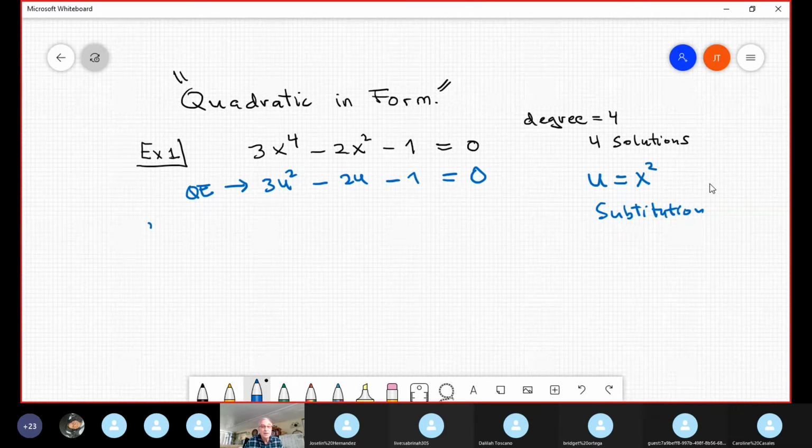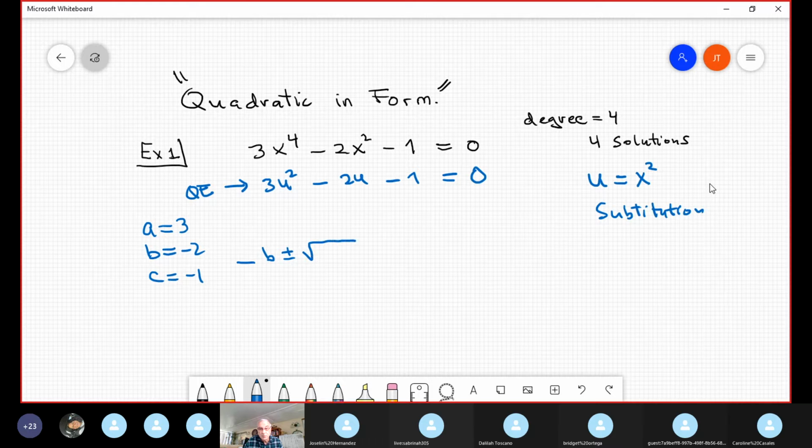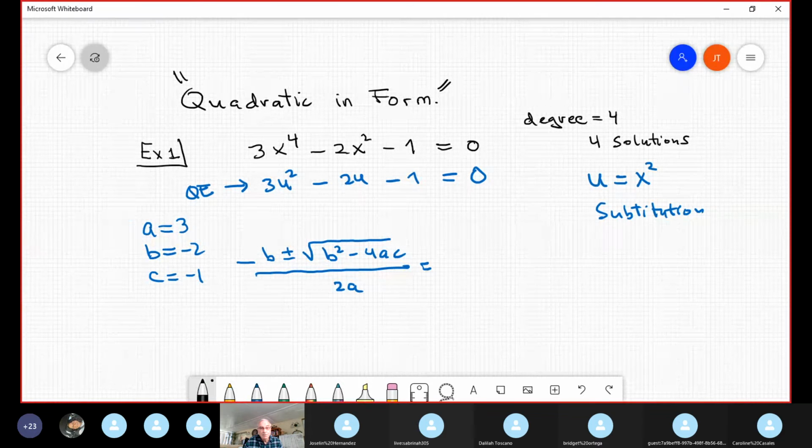Entonces, I discover que A es 3, B es -2, and C is -1. And you apply again the quadratic formula. Quadratic formula: minus B plus or minus square root of B squared minus 4AC, divided by 2A. In our specific example, B is -2, double negative again.